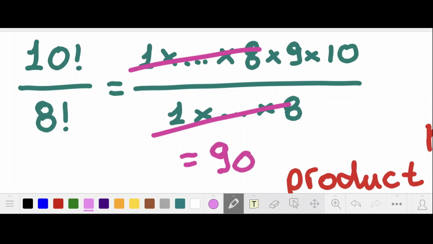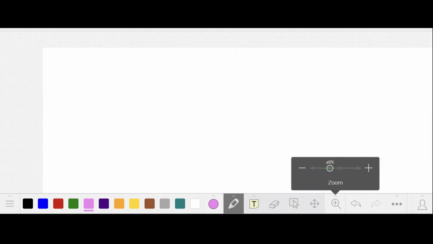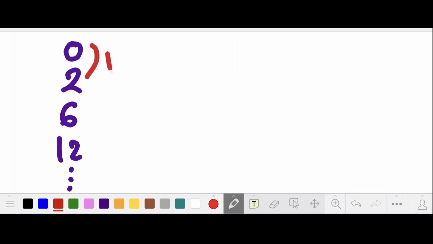We may also consider the n factorial as the product of a sequence of numbers. Let's take, for example, the sequence 0, 2, 6, 12, and so on, so that we get the second term of the sequence by adding 2 to the first. And then we add 4.